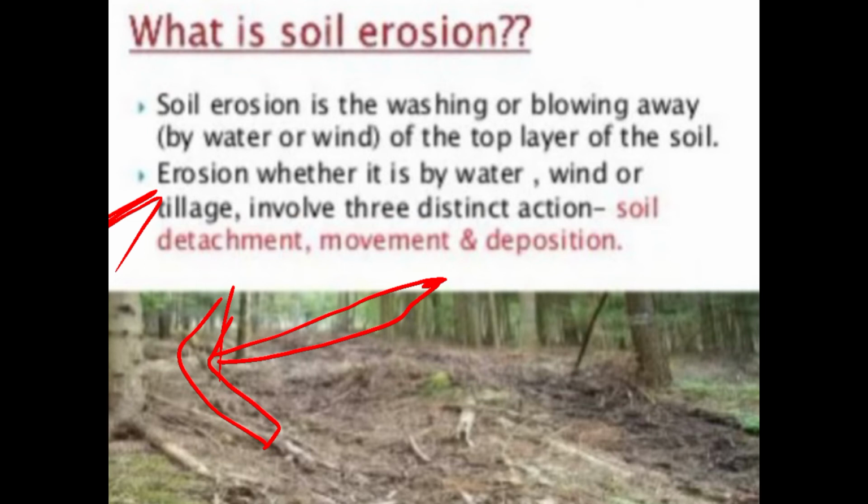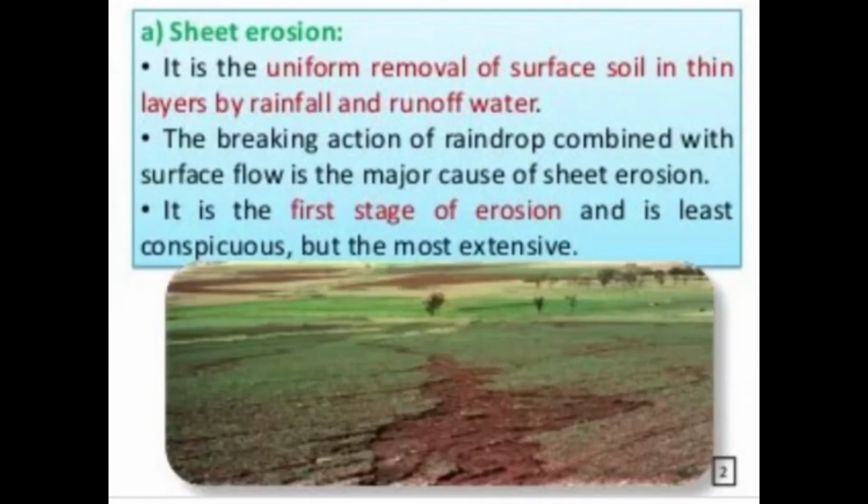And this is soil detachment. Soil is moving away from that place to another place. Types of soil erosion. First type: when layer by layer of the soil is washed away, it is called sheet erosion. It is a uniform removal of the soil surface.